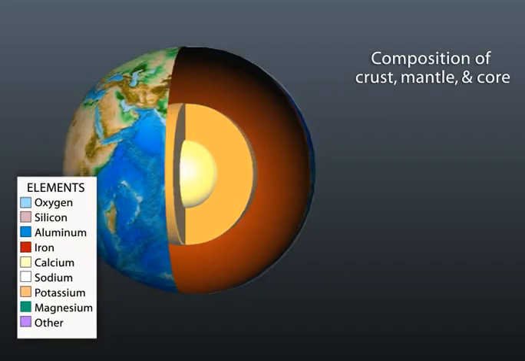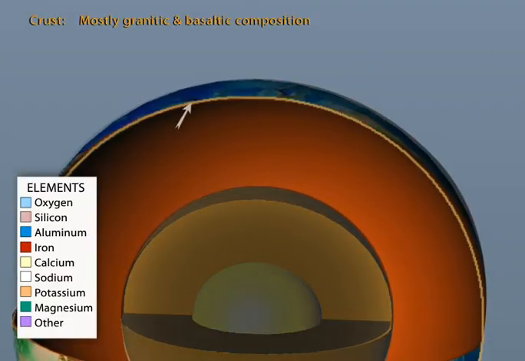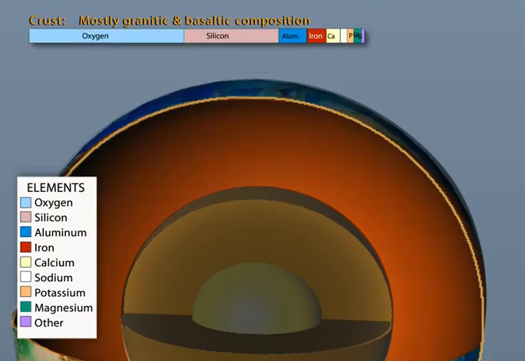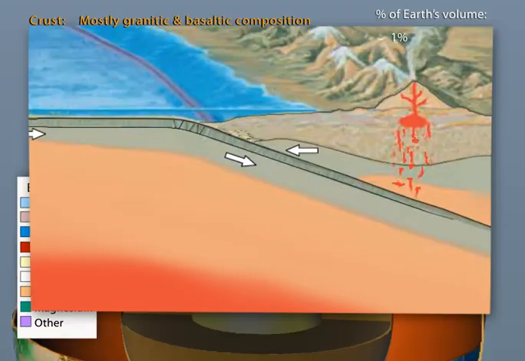The basic layers of the Earth are grouped by their chemical composition. The crust is made of chiefly 8 major elements, shown here by their relative abundance: oxygen, silicon, aluminum, iron, calcium, sodium, potassium, and magnesium. At this scale, the crust is too thin to show as more than a thin line without zooming in.